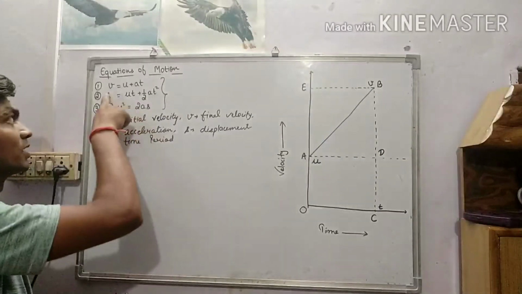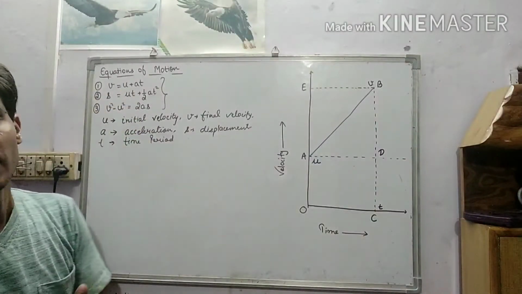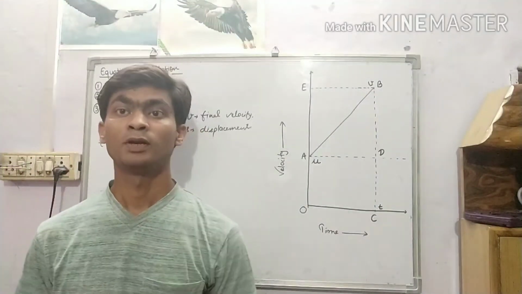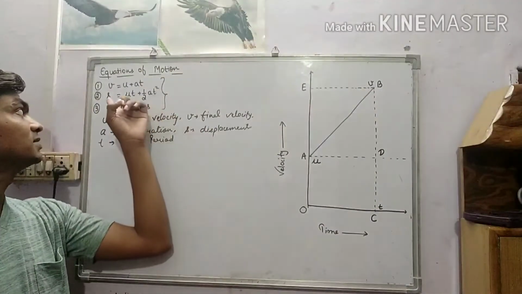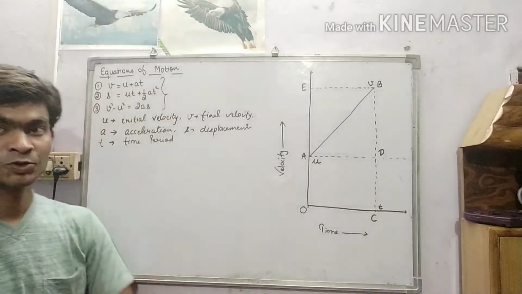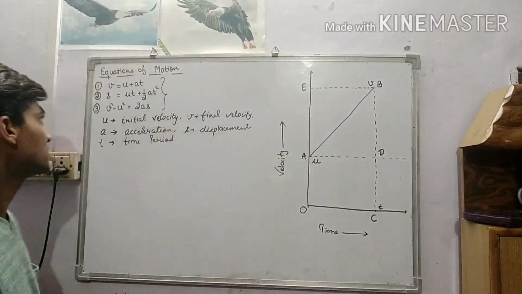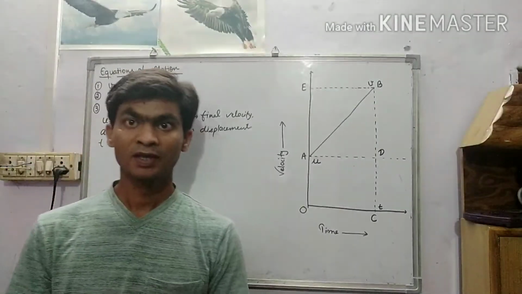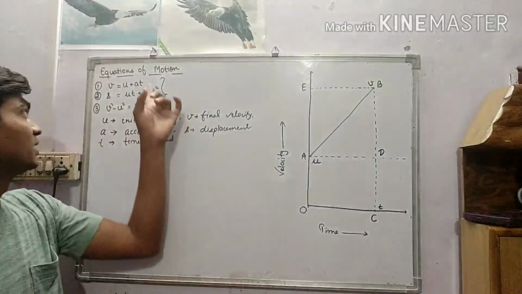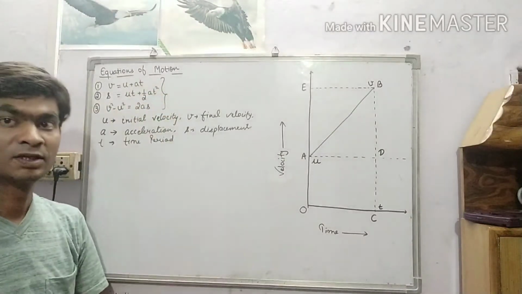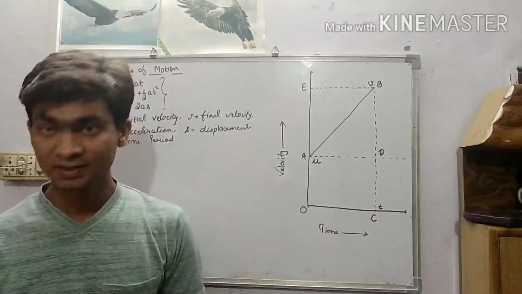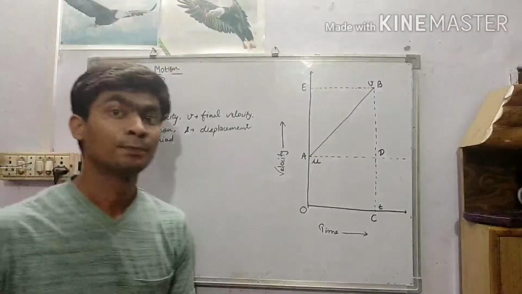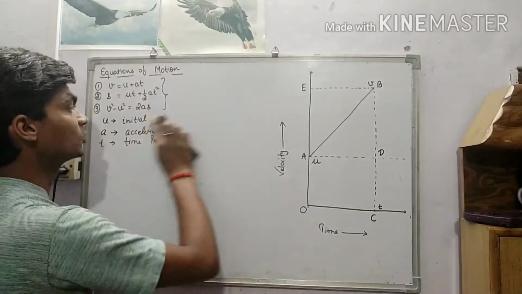The first equation is known as the velocity time relation, the second one is known as the displacement time relation, and the third one is known as the velocity displacement relation. Here A will be common, and you can find it in every equation. A means acceleration. So let us try to prove them using the graph.